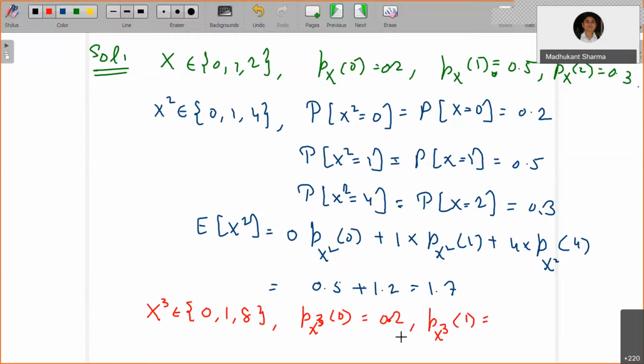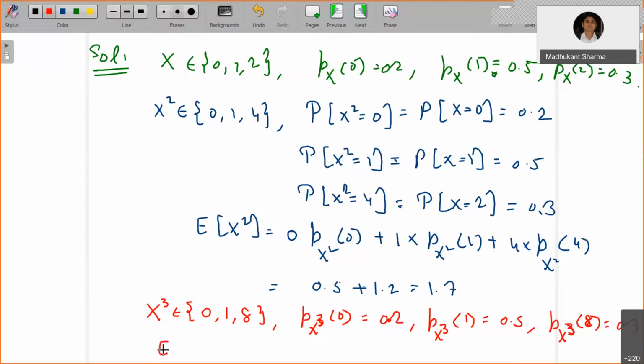It's not possible for x to equal minus 1. So that's going to be 0.5. And P of x cube at 8: x cube is 8 only when x is 2. Other values can be struck off because x is not taking those values. For that case, the assigned probability is the probability of x equals 2. That's going to be 0.3.